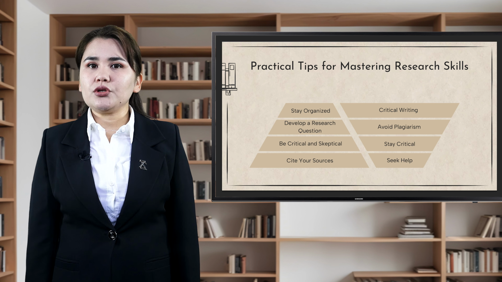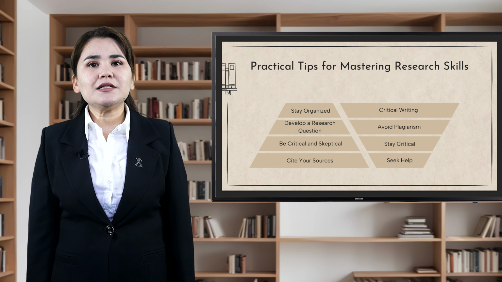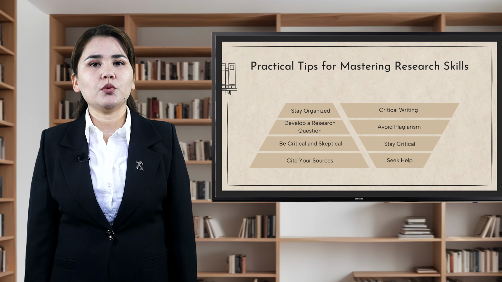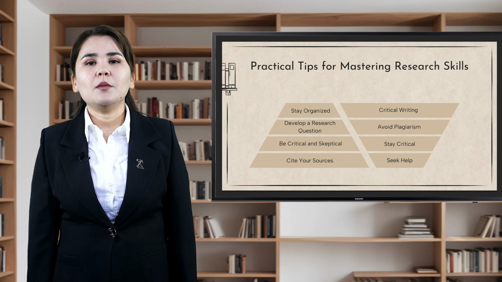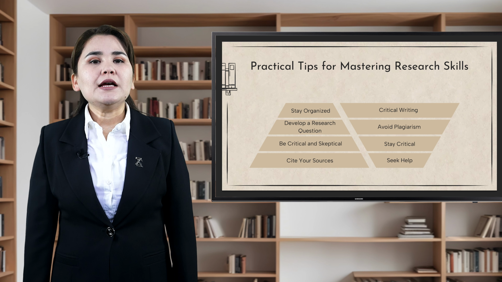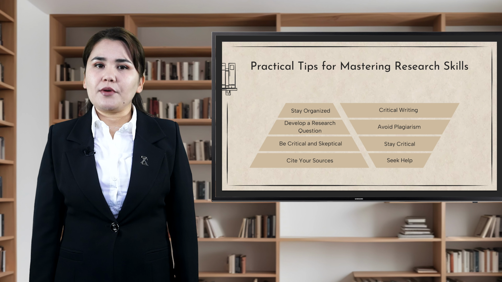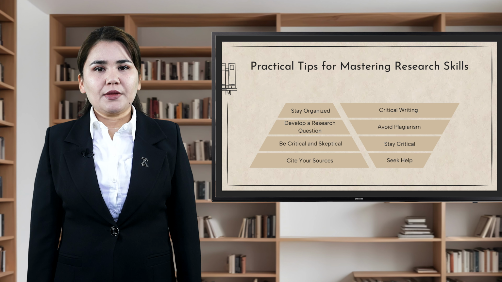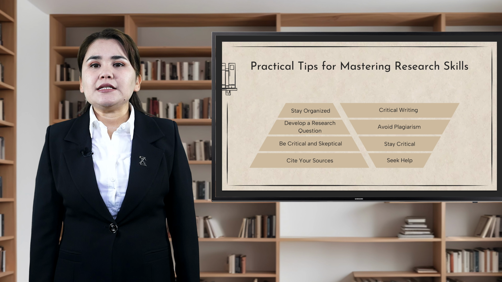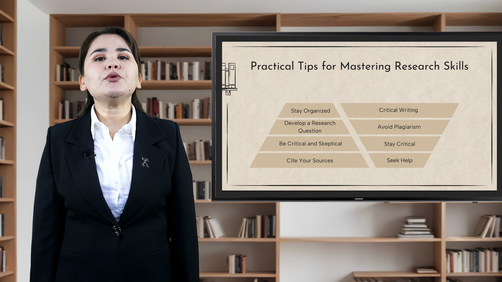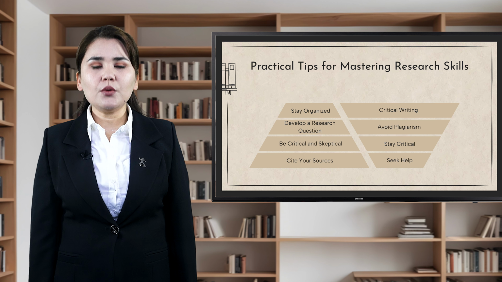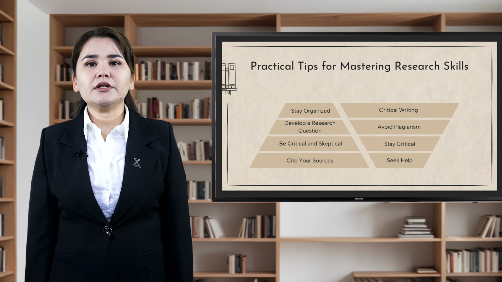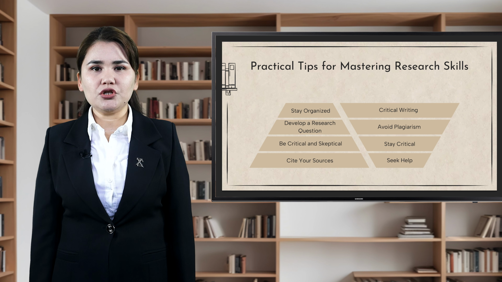When you are citing your sources, you should always provide proper citations to give credit to the original authors and to avoid plagiarism. The next tip is about practicing. Practice, and practice. Research is a skill that improves over time. The more you engage with different sources, evaluate information, and synthesize it into meaningful conclusions, the more proficient you will become.